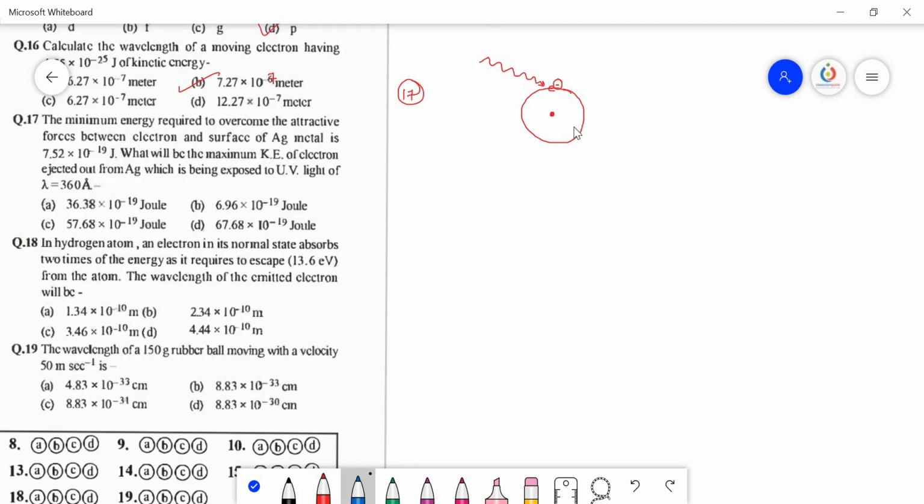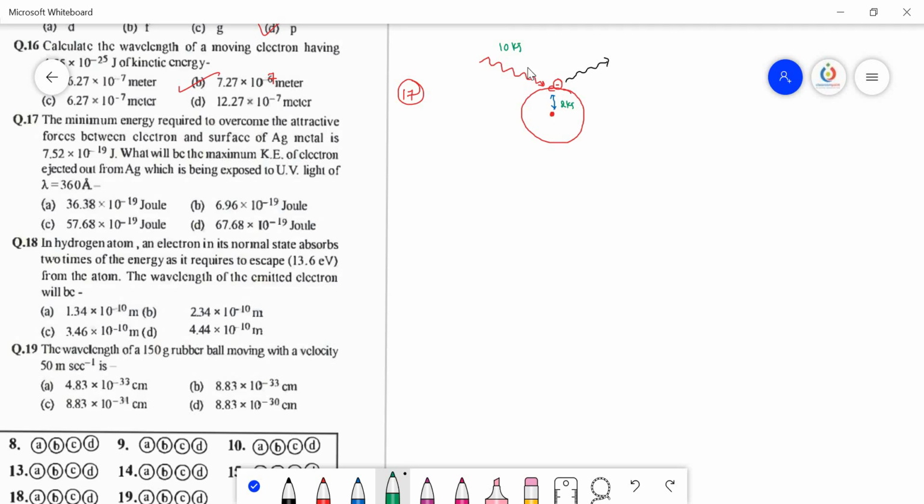Out of this energy, the electron will utilize some to overcome the nucleus attraction power, and afterwards the electron will come out of the atom and use the remaining energy as its kinetic energy. Simply, imagine 10 kilojoules of energy is given to the electron, and 2 kilojoules of energy is required for the electron to overcome the nucleus attraction power.